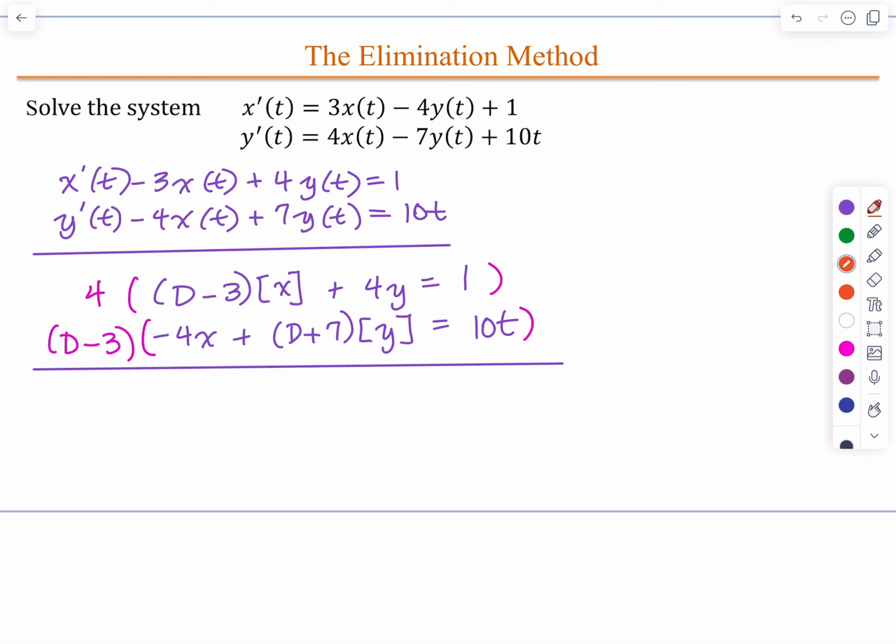I'll go ahead and do this in this blue pen here. You see we'll have the 4 times d minus 3 of x, and here's the negative 4 times d minus 3 of x.